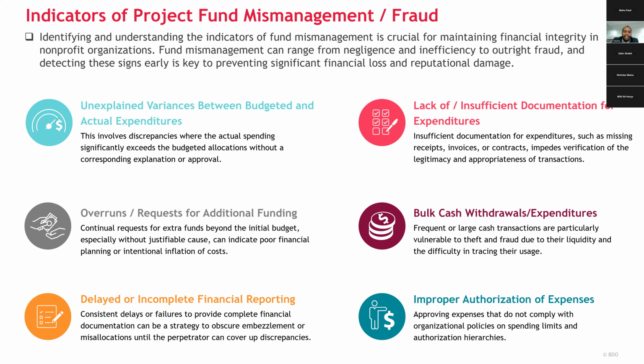The next one is frequent overruns or requests for additional funding. If you find that there are continual requests for extra funds beyond the initial budget, again without justifiable cause, this can indicate poor financial planning, or it could indicate the intentional inflation of costs.